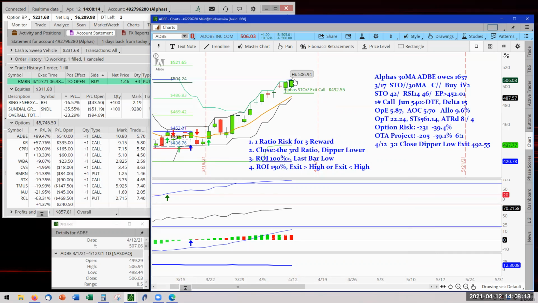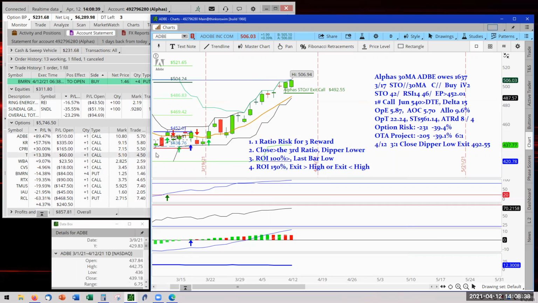Do I want, if price opens above, to take me out, or if price closes below the high to take me out? They each have their advantages. One is taking profit right off the high. It's 150%, and 100% could be a pretty penny depending on how many contracts you have.